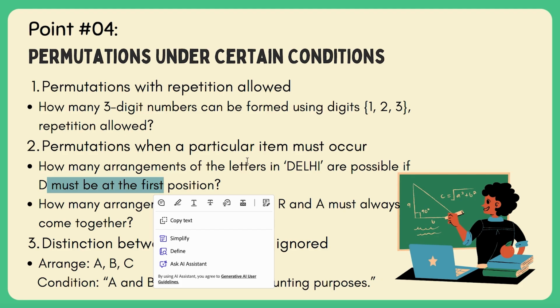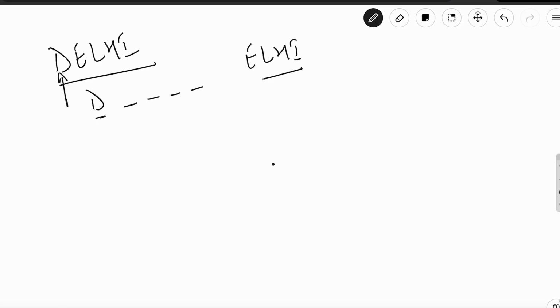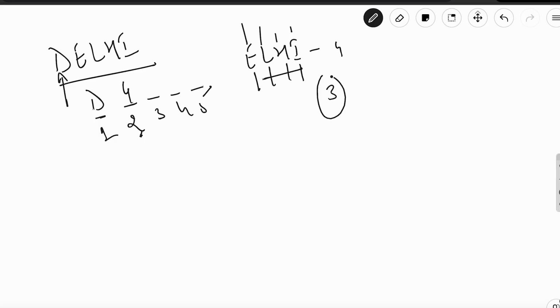Here repetition is not mentioned, so this is a case where we have to select from these 4. For positions 2, 3, 4, 5, D is fixed for position 1. For position 2 we have 4 options. We can select either E, L, H or I. Now let's say 1 amongst 4 is chosen, so we are left with 3 options.